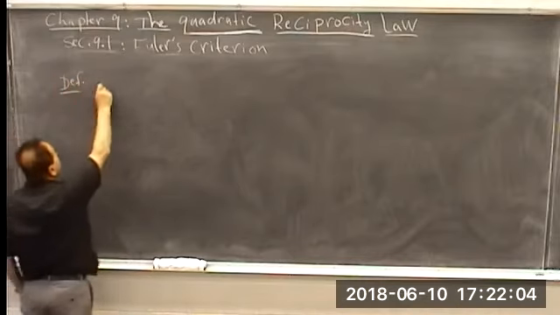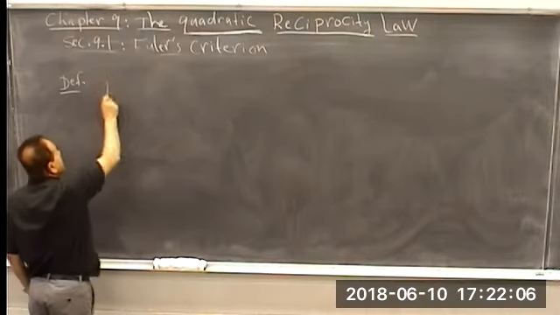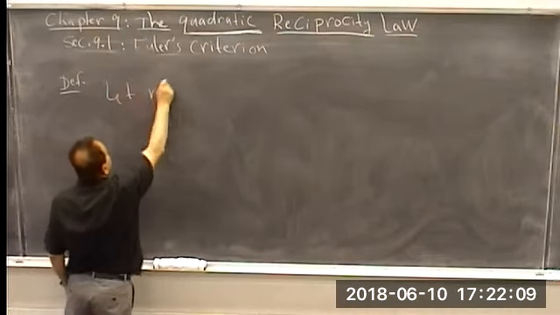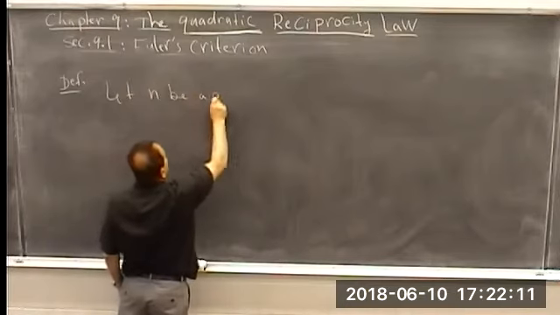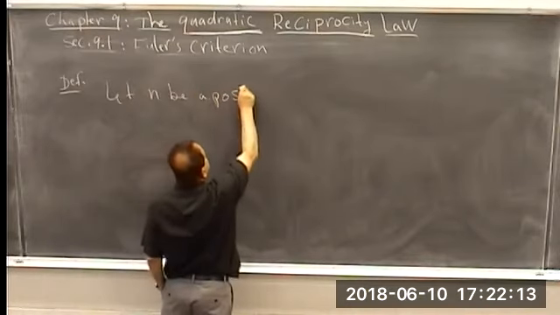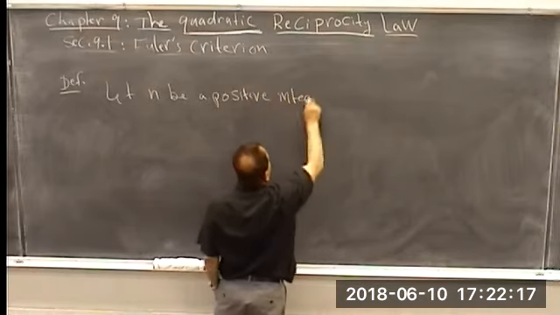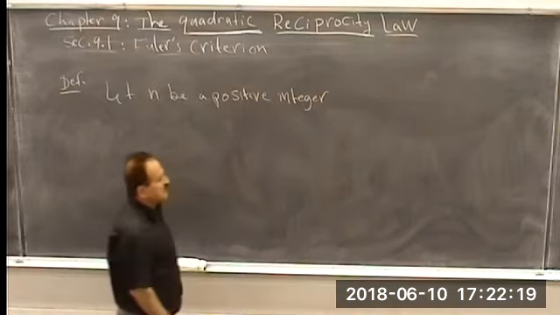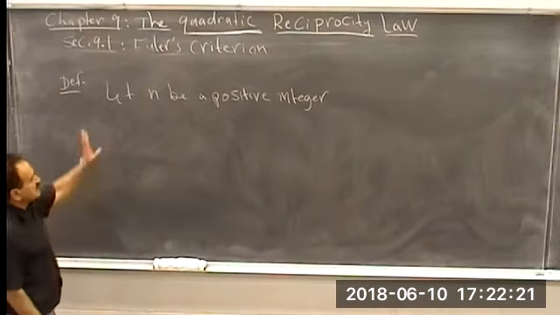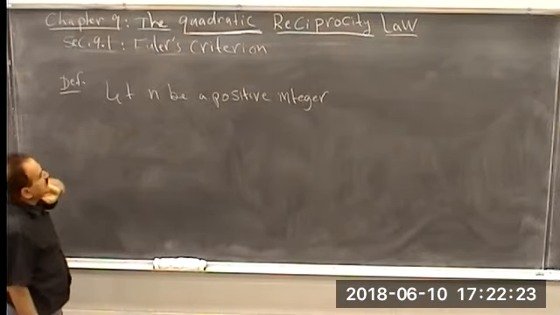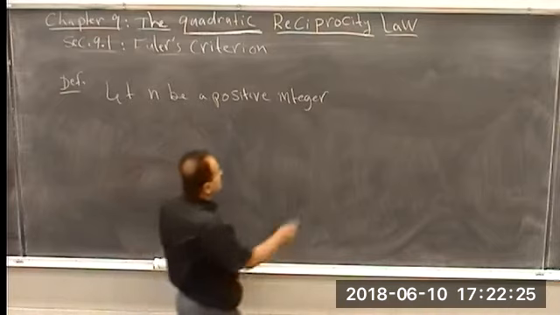All right? So we're going to start with: let n be a positive integer. We're going to do this one for any integer, not necessarily just odd primes or even primes, just any integer. So let n be a positive integer.